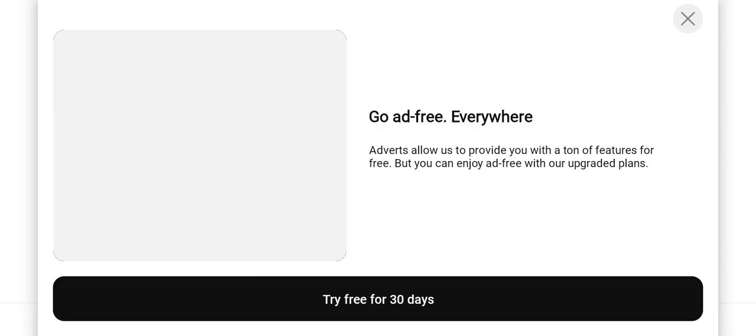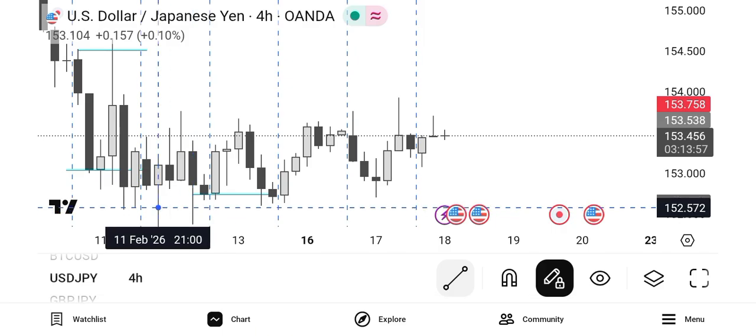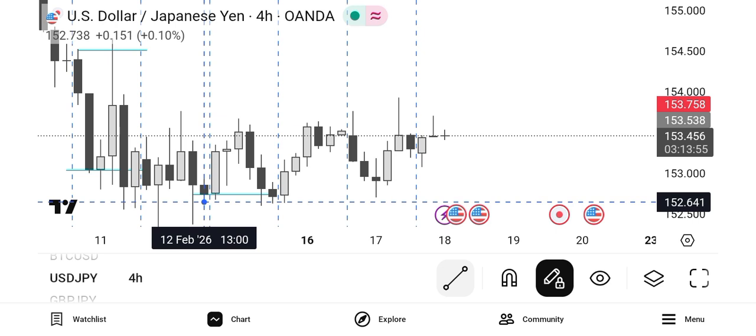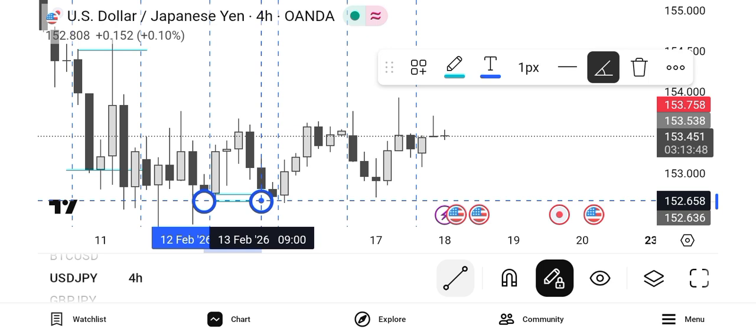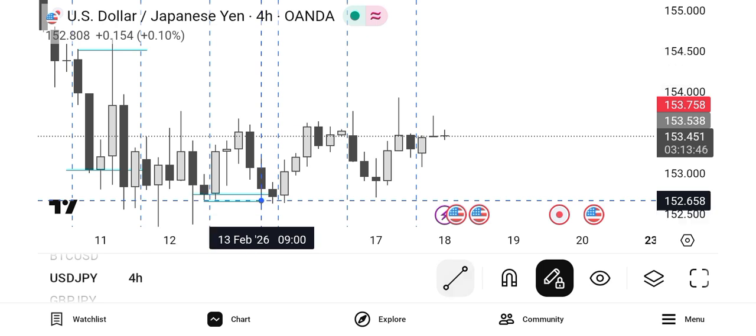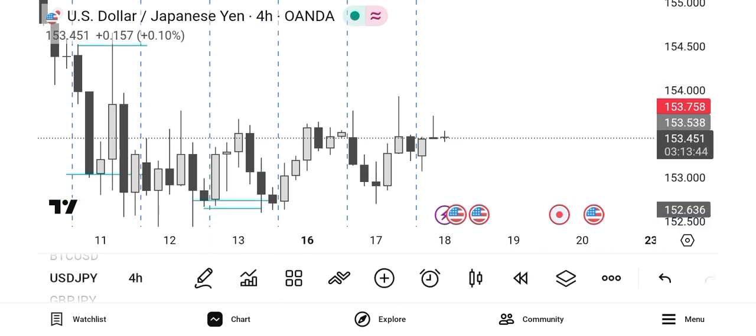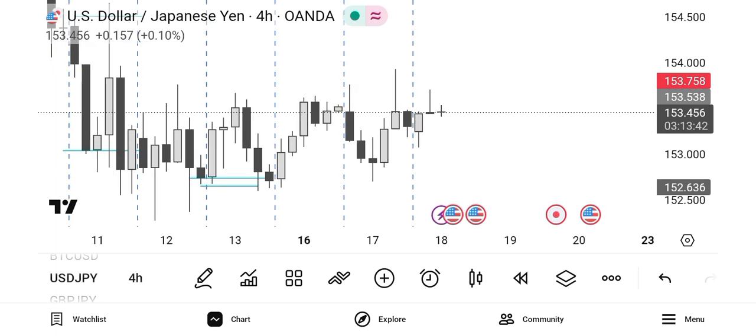Then with this liquidity sweep over here, it just confirmed it, and you get a higher probability setup.